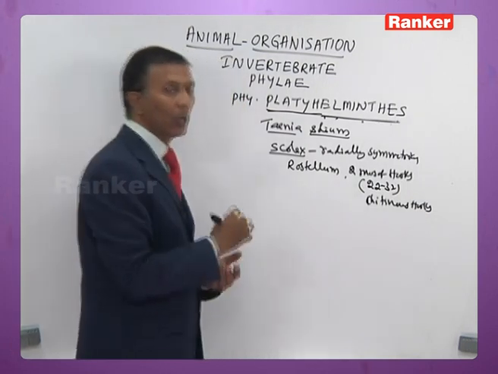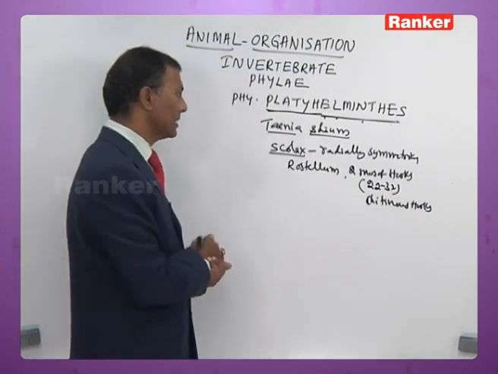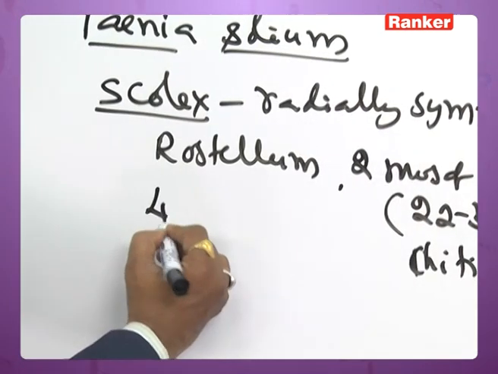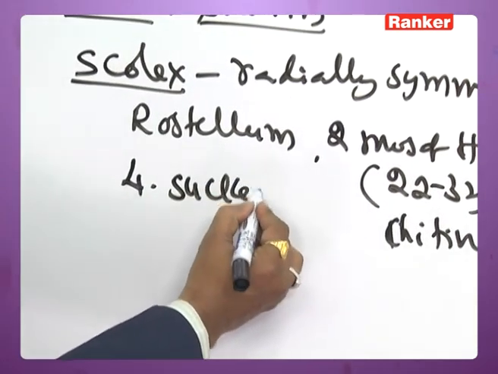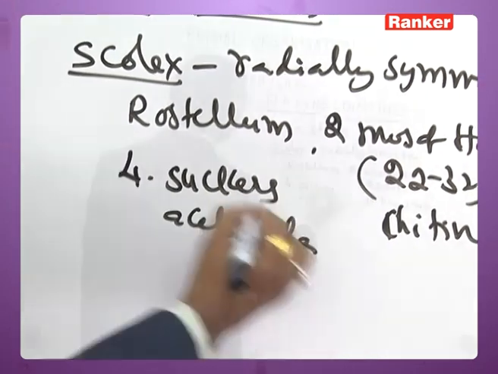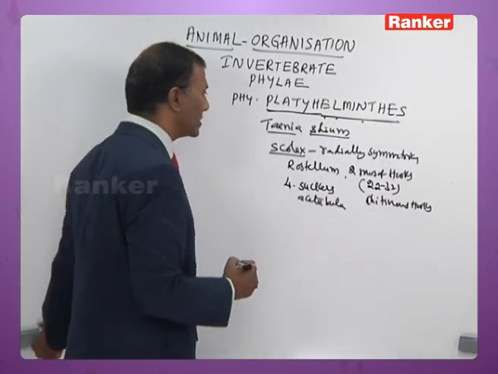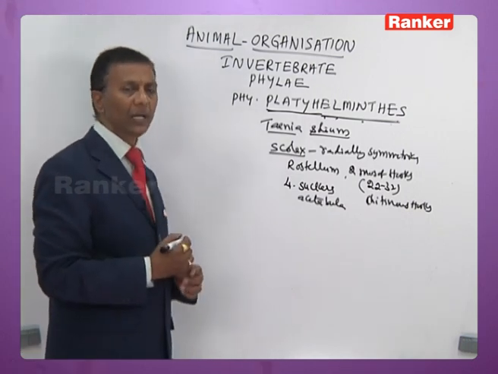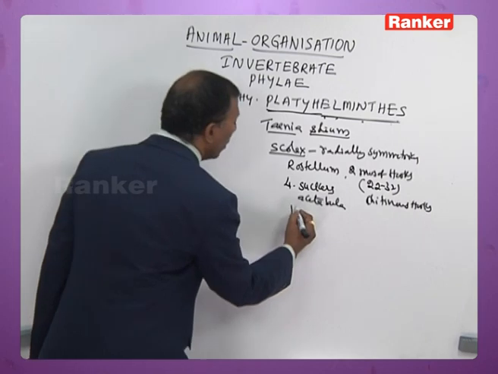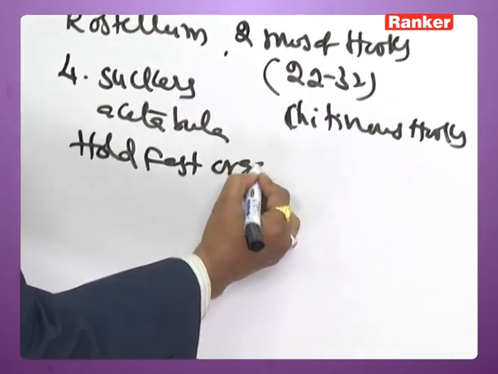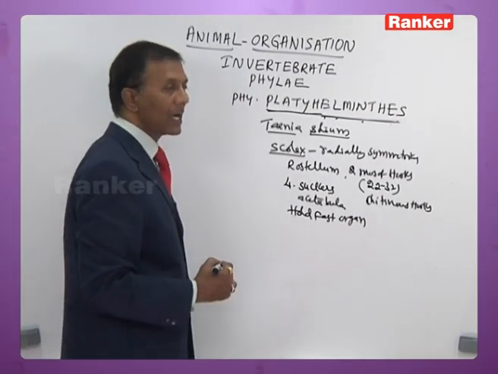It has got a protrusible structure called rostellum and 4 suckers, which are also called acetabula. The main function of the scolex is adhesion. That's why it is also called hold fast organ.